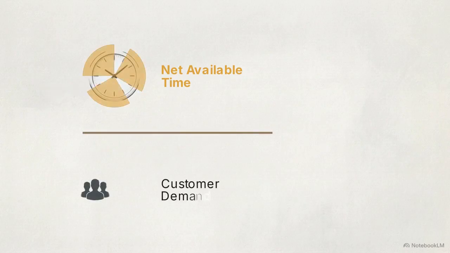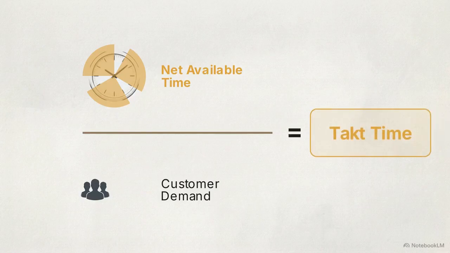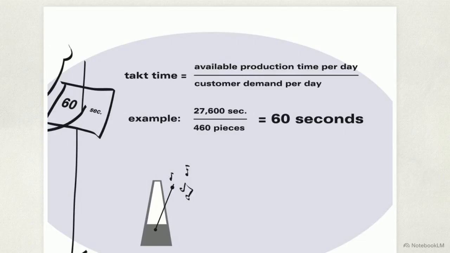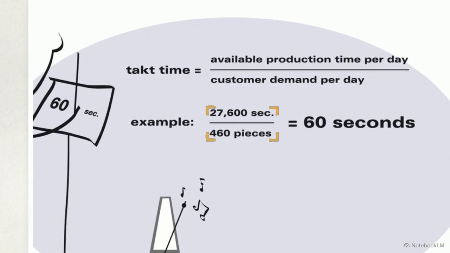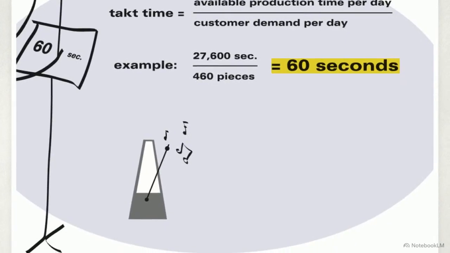The denominator is the customer demand, representing the exact number of units the market requires during that specific time period. This formula acts as the foundation. Takt time equals net available production time divided by customer demand. For a shift with 27,600 available seconds and a demand of 460 pieces, dividing these yields a strict takt time of exactly 60 seconds per unit.